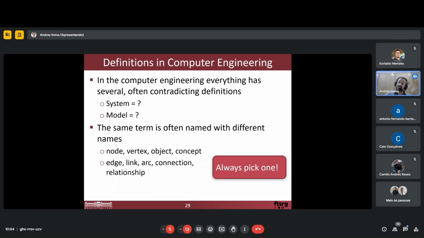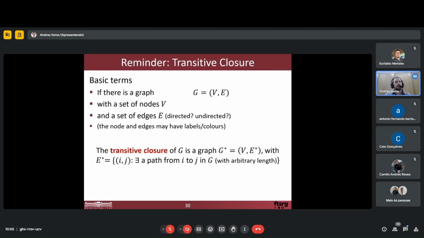And actually, this is still a problem if you use engineering tools and engineering languages, because there you can also combine these different names for the object.